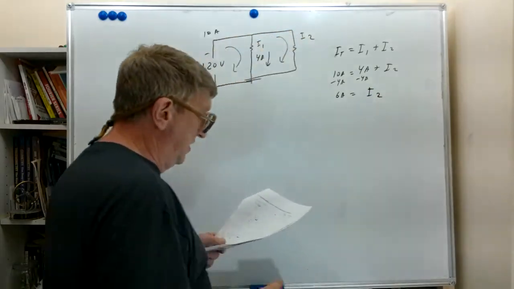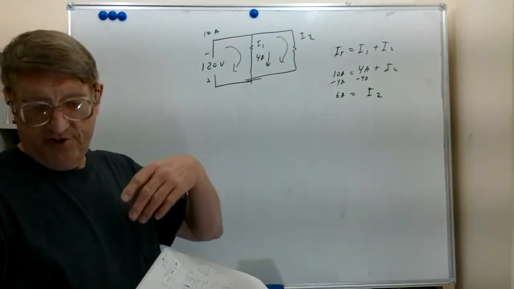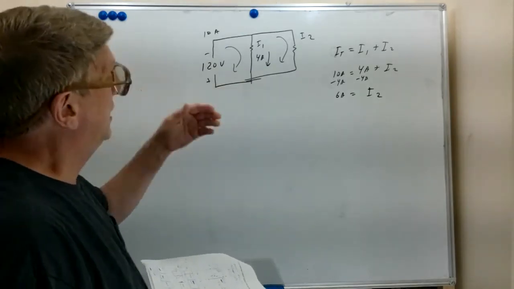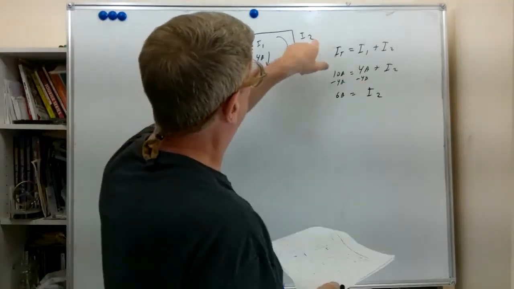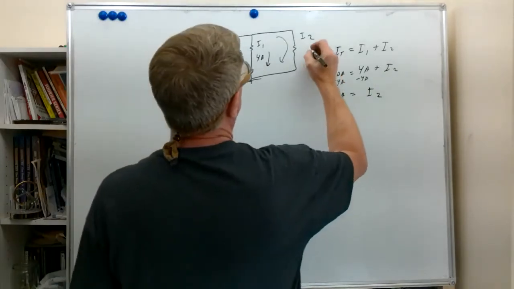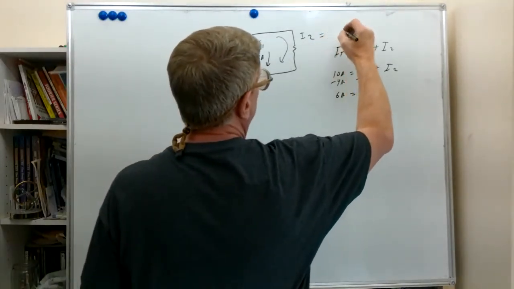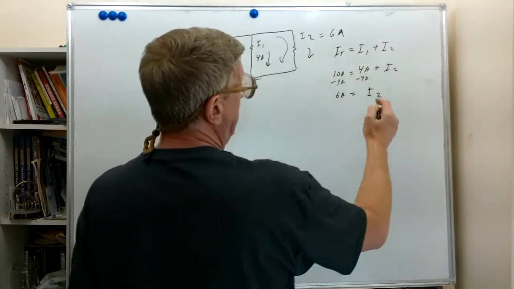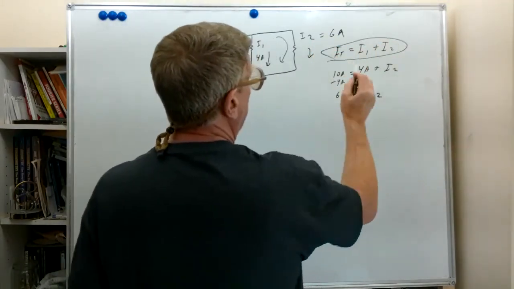So by using the parallel branch current total formula, we have been able to solve for what I2 is. We didn't know it before, but now we know that I2 equals 6 amps. And this is just another example of using this I total formula.